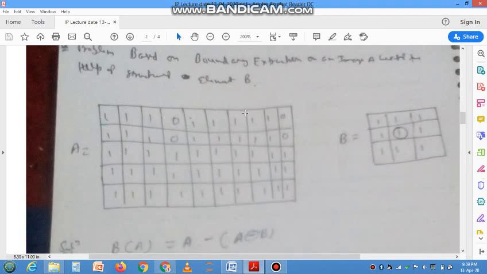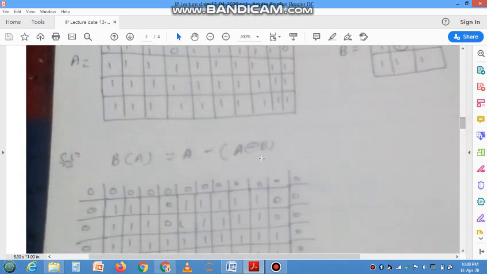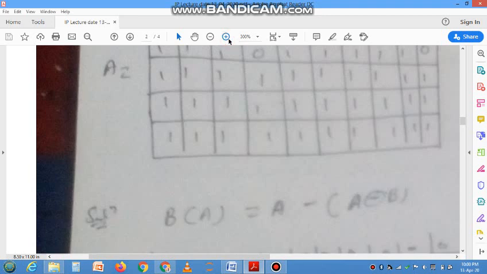In order to perform the boundary extraction of the given image, at first we have to perform the erosion of the given image A with structure element B, and erosion is denoted by A erosion B. So first we perform A erosion B. After that, when we subtract the resultant of A erosion B from the given image A, we obtain the boundary extraction.